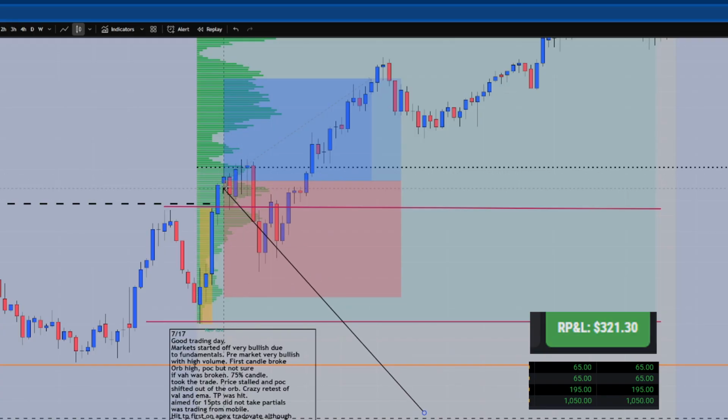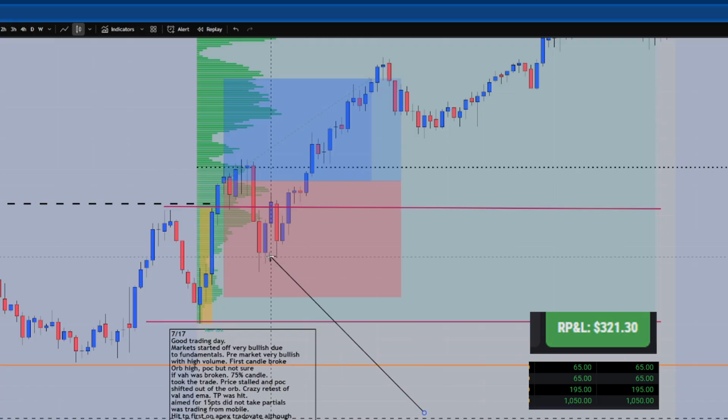Whenever price is not trending upwards or downwards and is stalling here, it's trying to see if it's going to accept this higher price. And it did not accept it. It actually tanked, and value area low was down here, the VAL, and they retested lower values down here, retested the EMA, because it did not accept higher value up here.